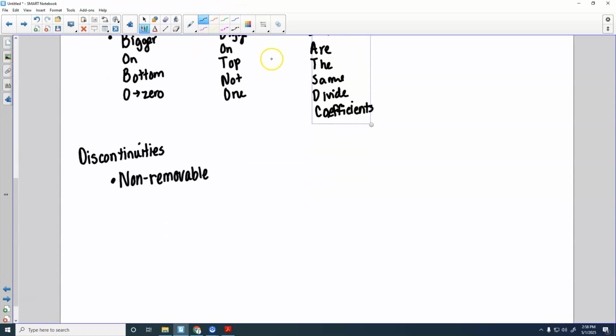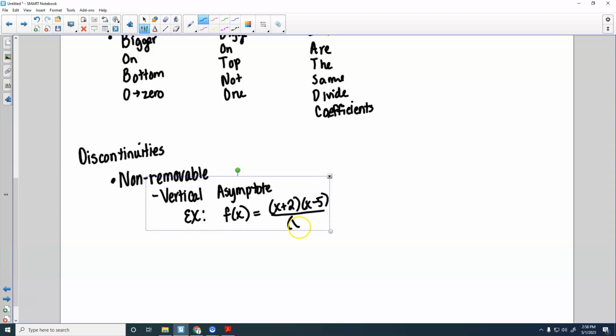You can have a vertical asymptote, and a vertical asymptote would be something like this. For example, you've got x plus 2 over x minus 5 divided by x plus 3 right there.